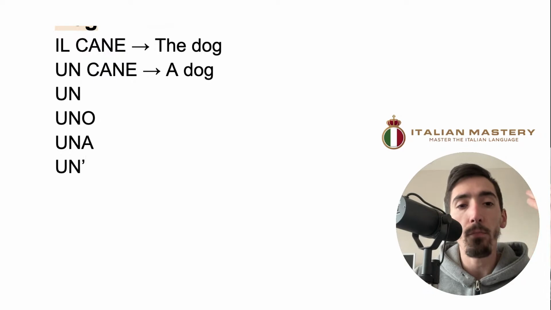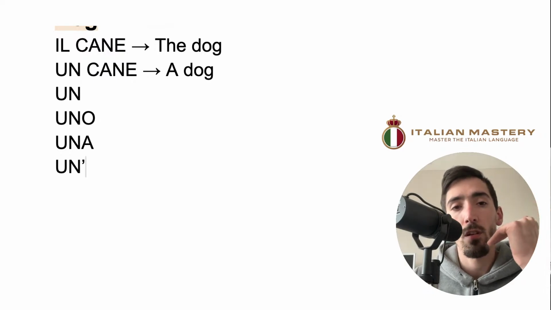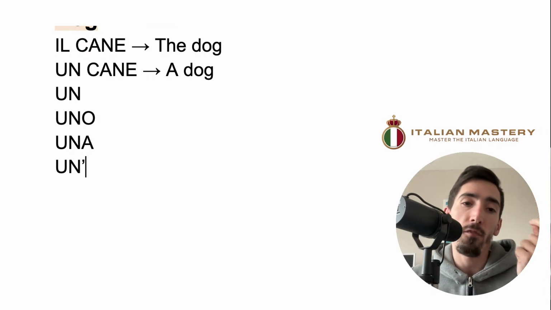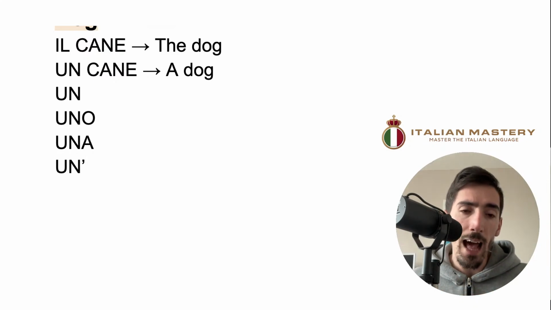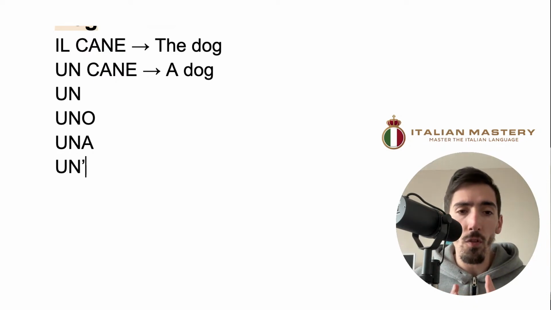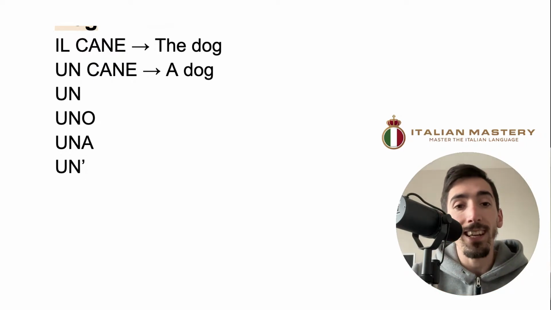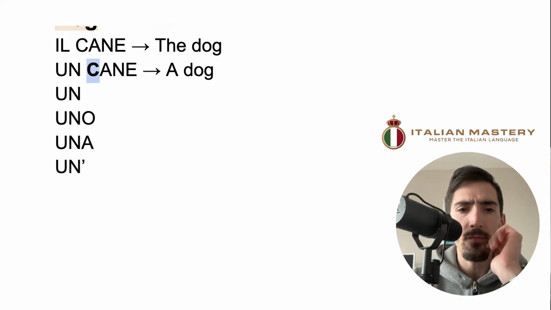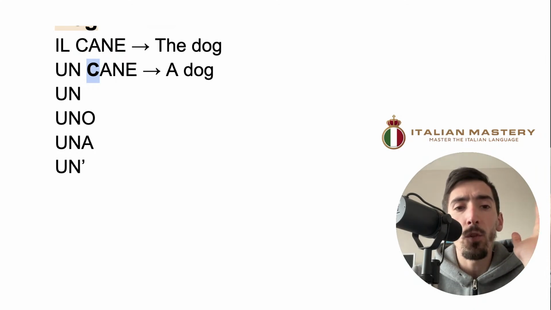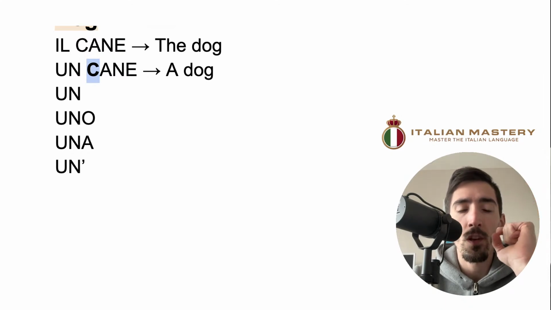We have separate versions of what is really the same functional word, depending on the word that comes after. So depending on the noun that they are going with. So if it's cane, the word cane begins with a consonant. So in most cases, we go with un. Most cases, because there are some exceptions.